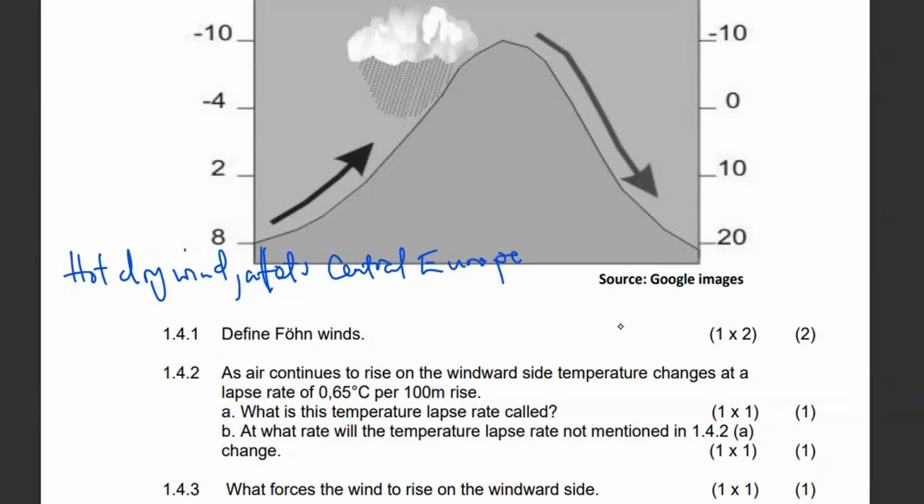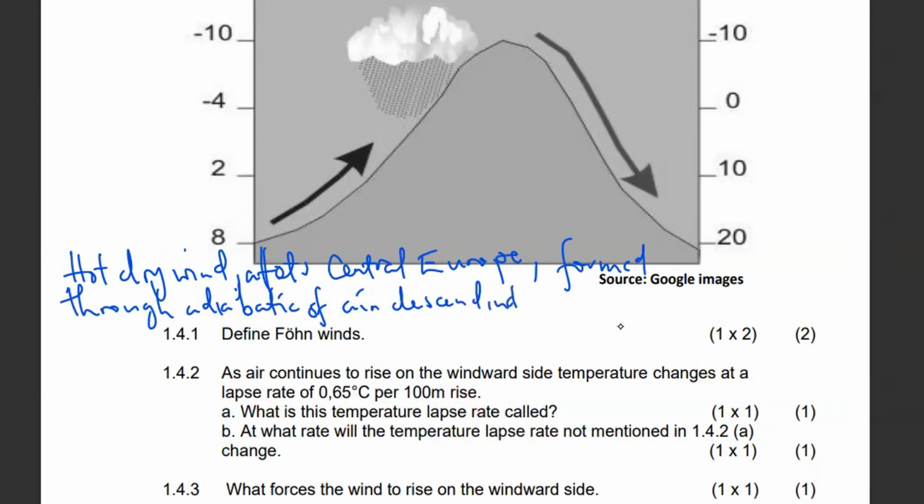And how does it form? Formed through adiabatic heating of air descending the Alps mountains.